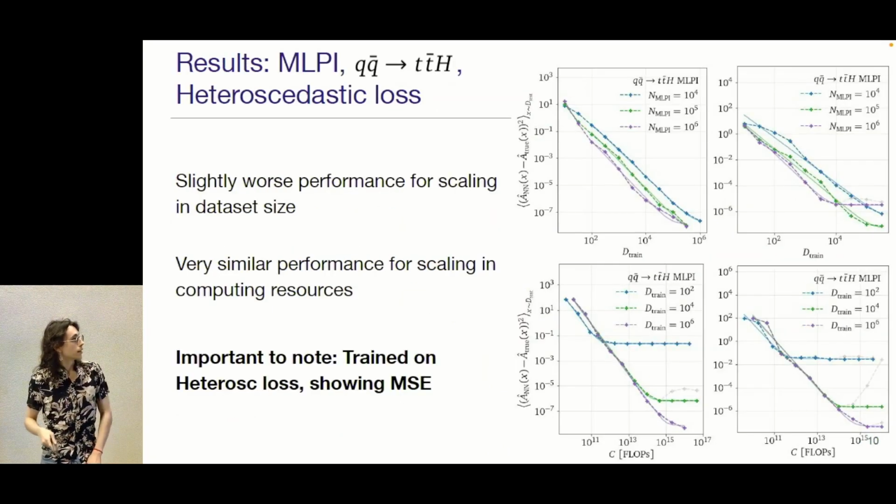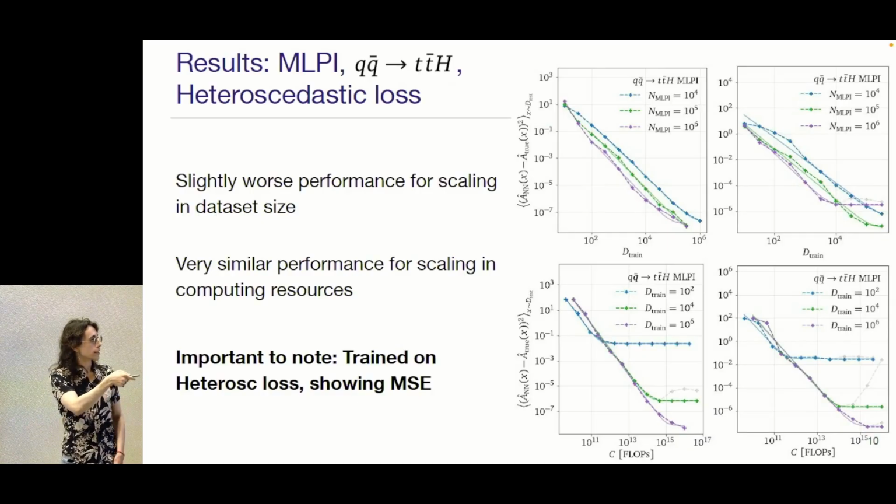So then the results are very much the same. We see very clear scaling behaviors with very clear power laws. They are slightly worse for the heteroscedastic trained networks, but that's just because here we are showing the MSE, but we trained on a different metric, so it makes sense that it's not as good.